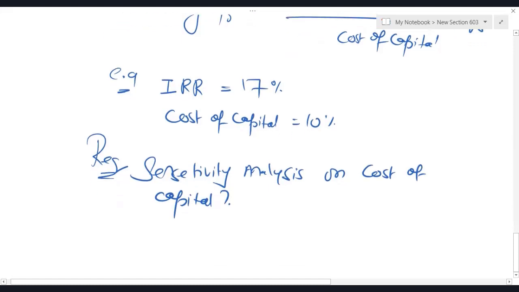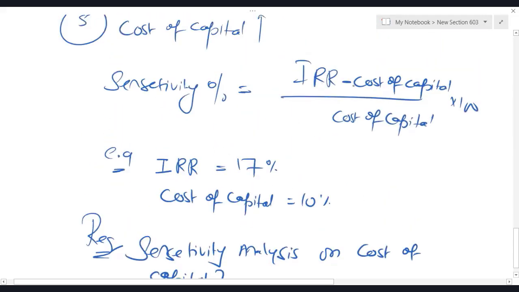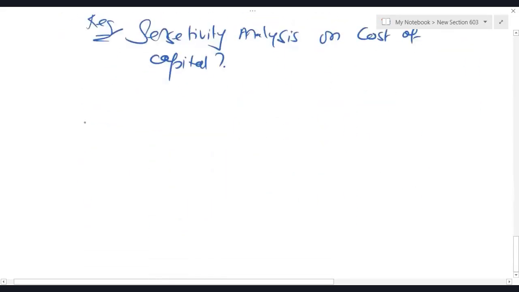So one thing we know, that if the cost of capital becomes equal to IRR, then NPV becomes 0. Now, how to apply this formula of sensitivity, IRR minus cost of capital divided by cost of capital, is very simple.